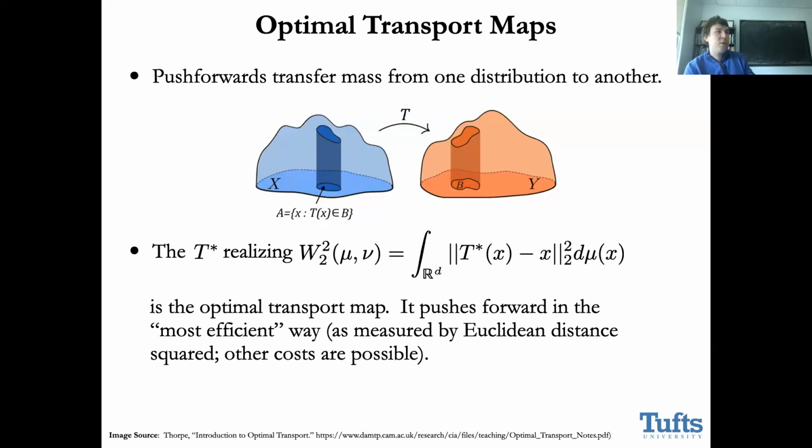And what the push forward condition means is that when I take the probability associated to a set with respect to mu, map it to the new domain, that's going to map onto how the measure nu represents matters.